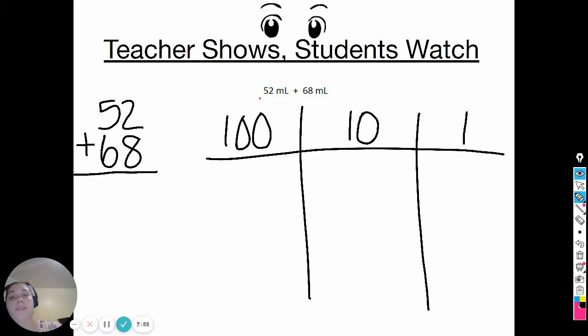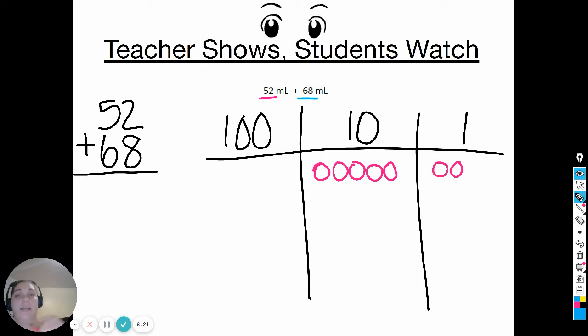My first number is 52, which is 5 tens and 2 ones. There's my 5 tens and my 2 ones. So that's 10, 20, 30, 40, 50, 51, 52.